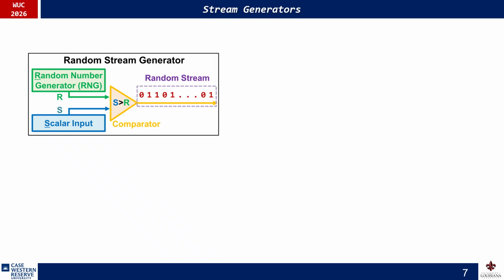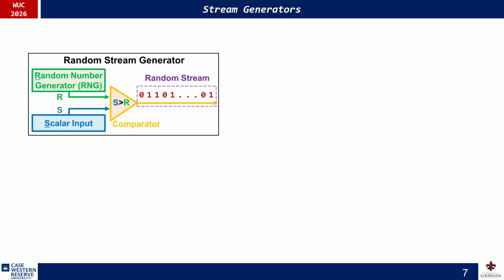Let's first see how stream generators work. It is very similar to stochastic and Unary computing. In stochastic computing, we may have random stream generation by using an RNG, random number generator, which at each clock cycle generates a binary number that is compared with S, the scalar input to be represented in a bitstream.